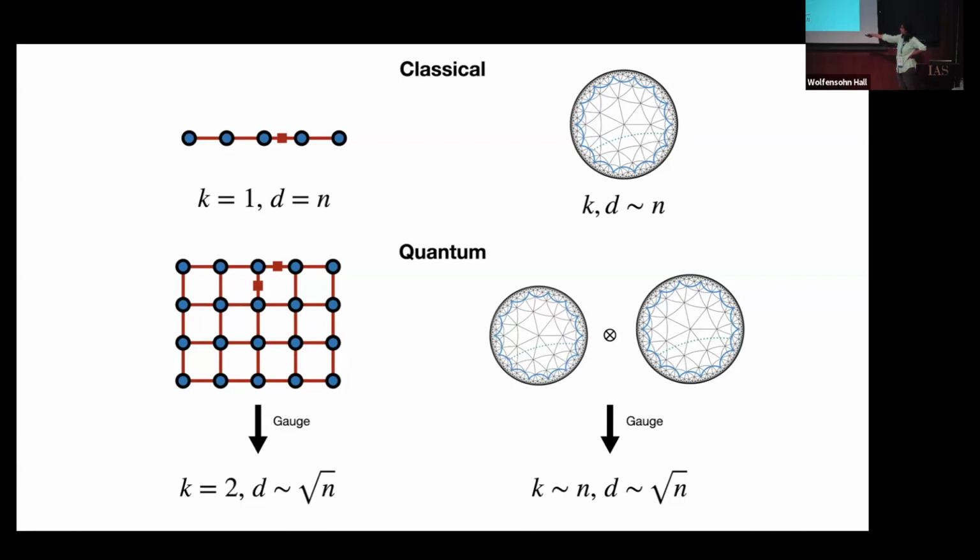Because you see that your K is now proportional to N, which is coming from this input there. But D, when you take this hypergraph product, because the properties of the quantum code are coming from each input individually, and each input individually is only involving square root of N of the bits, this D cannot be greater than square root of N when you're taking a hypergraph product, okay?